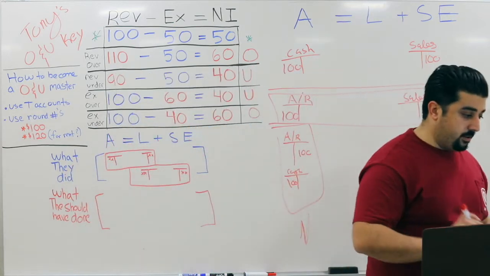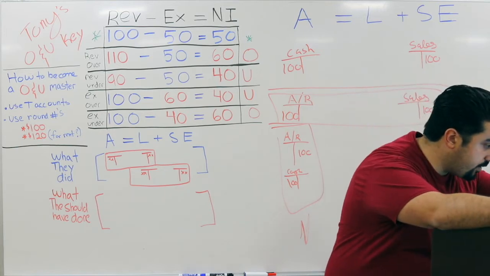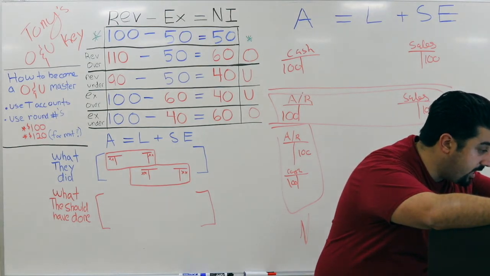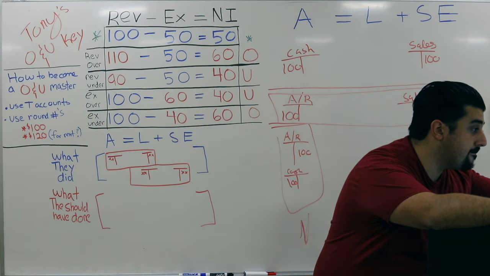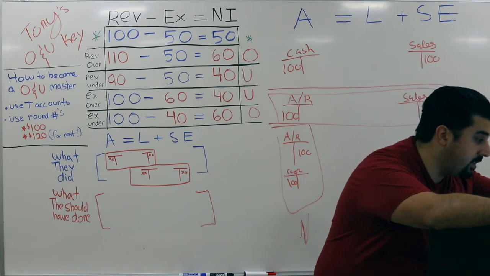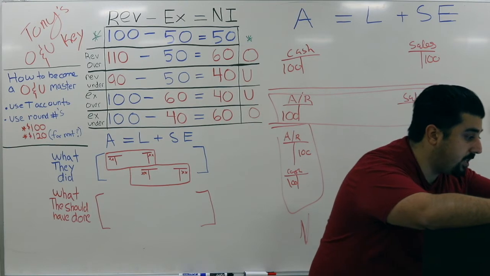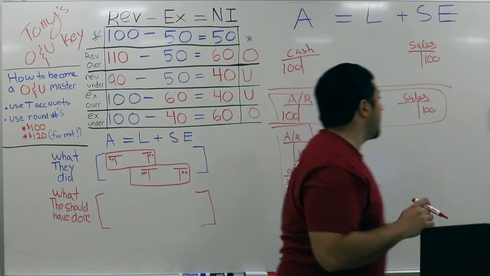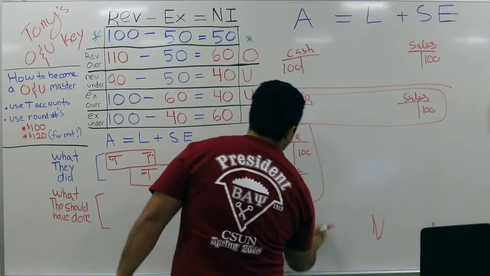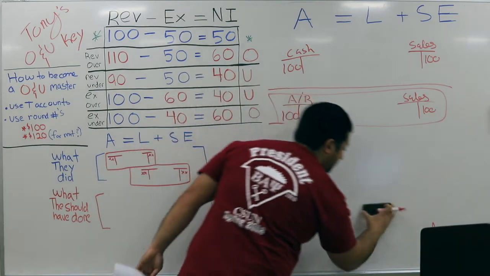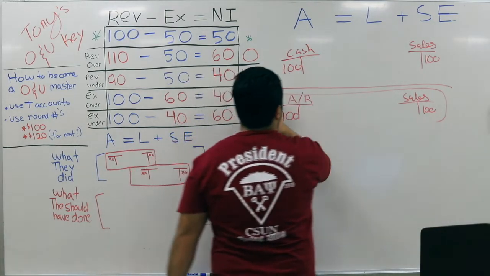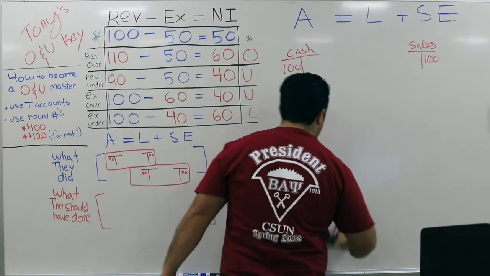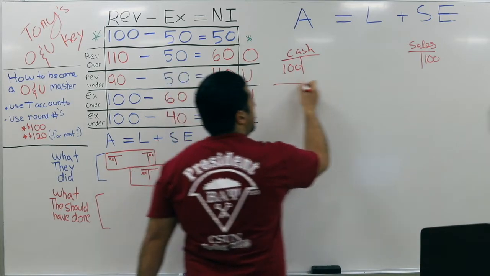Number 5. A receipt of money from a bank loan is recorded as a debit to cash and a credit to sales. Alright. We can still use some of this old question. So this is what they did.